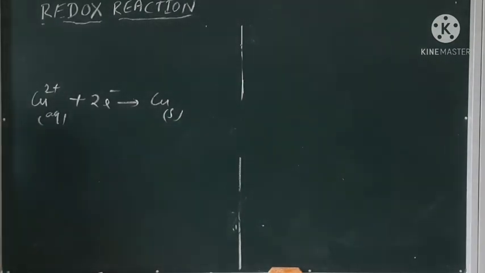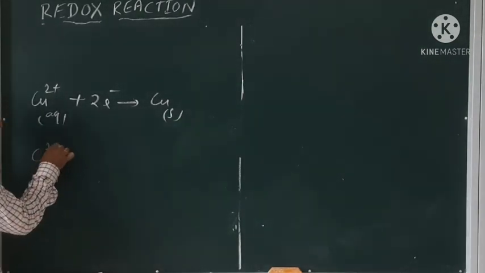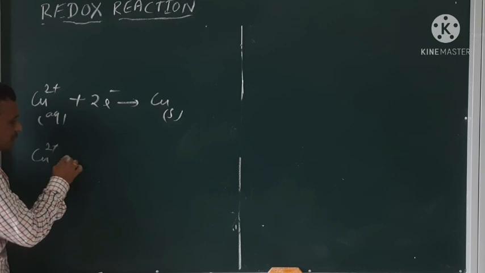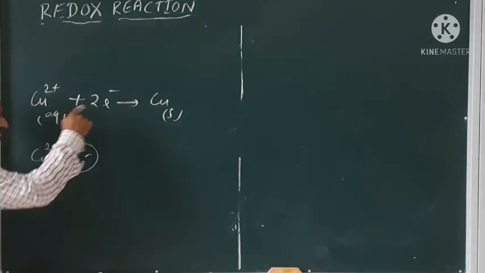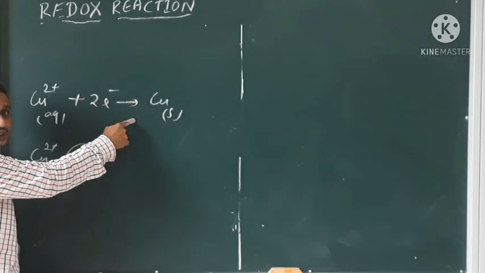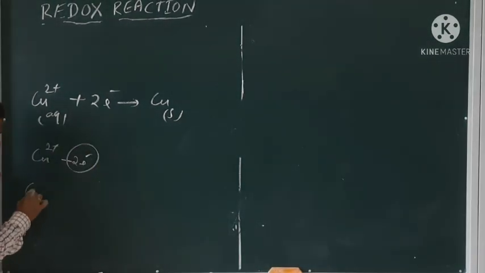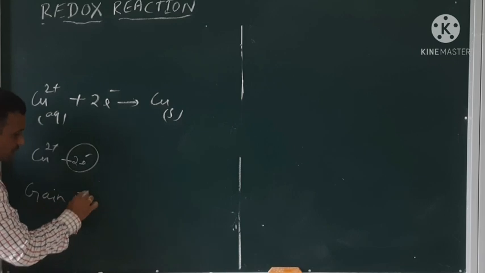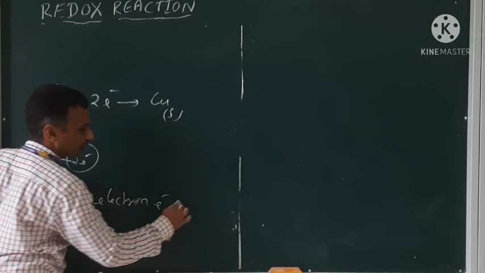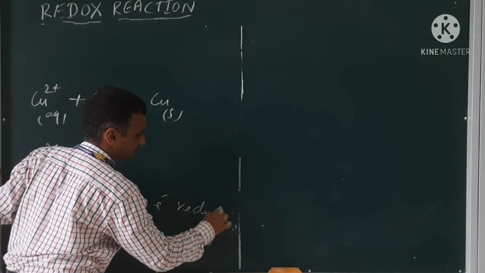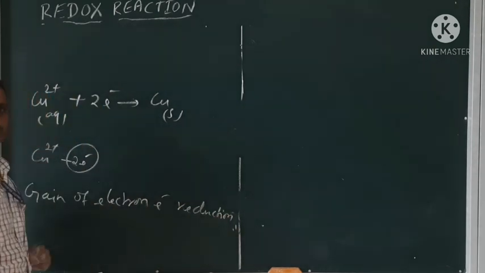Copper 2 plus ion is gaining 2 electrons, and this process is called reduction. Gain of electrons is reduction.